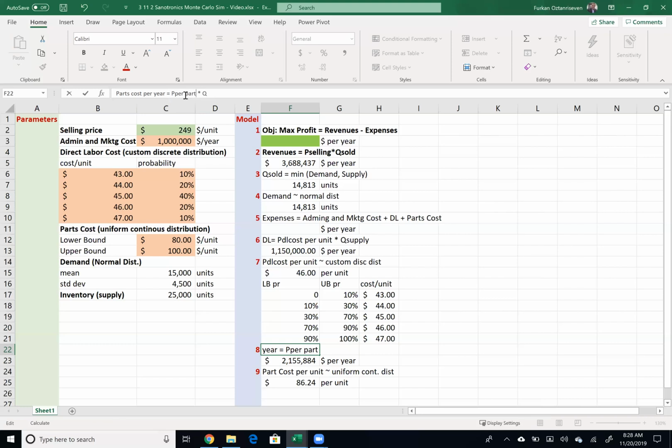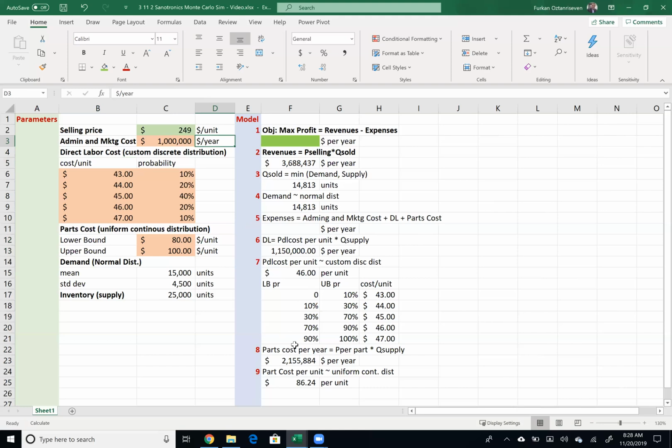And then quantity is not demand. I would say quantity supplied, or produced, or inventory in this case. Okay, so these are helpful for you. Whenever I give you cost per unit, those are variable costs. Whenever I give you per year, those are fixed costs because they don't change based on the number of units produced.